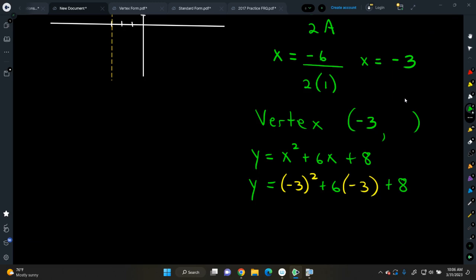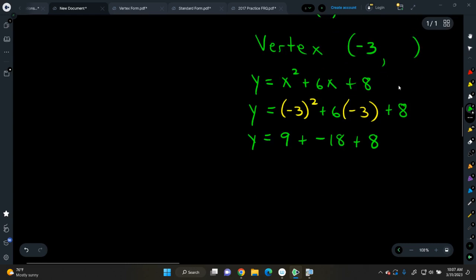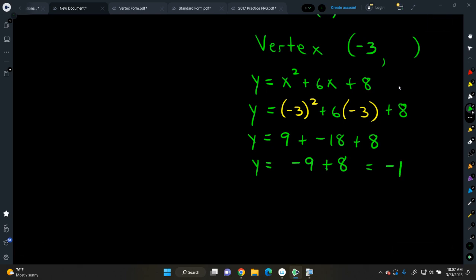So y equals positive 9 plus negative 18 plus 8, which gives us, let's say 9 plus negative 18 is negative 9 plus 8. So y equals negative 1. That's the other part of my vertex.